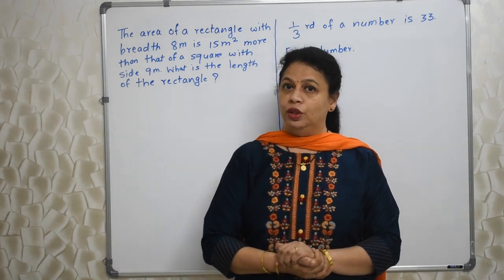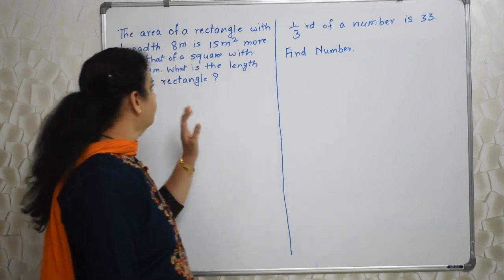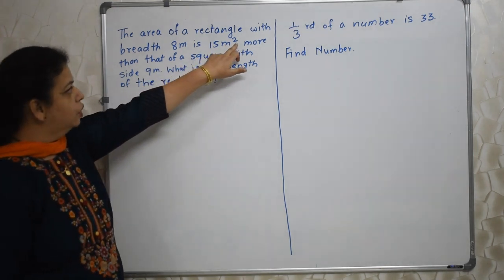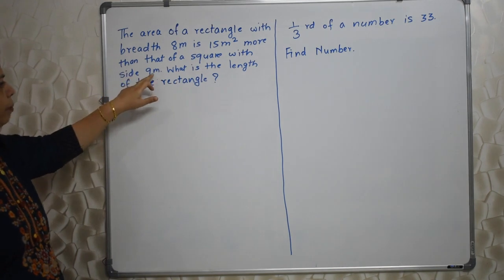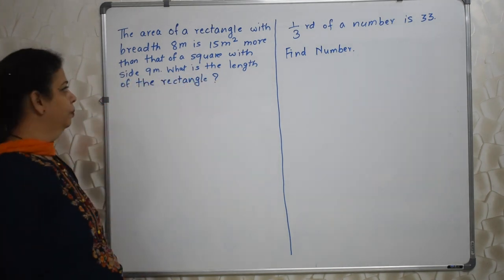I have written two sums on the board, so read them properly. The area of a rectangle with breadth 8 meter is 15 meters square more than that of a square with side 9 meter. What is the length of the rectangle?